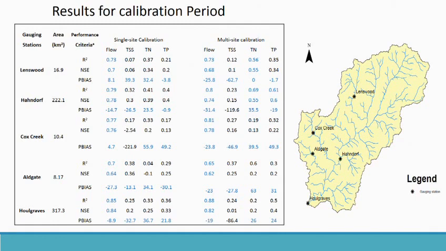But in the case of total nitrogen and total phosphorus loading, these blue numbers mean that they meet the satisfactory criteria for the model. So from these two comparisons, we see that multi-site calibration is good for total nitrogen and total phosphorus loading compared to single site calibration.